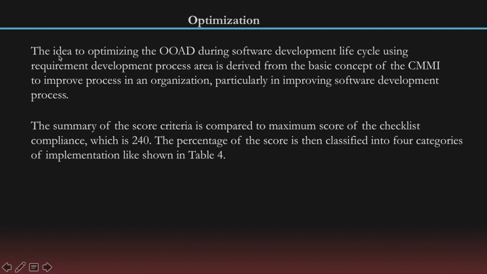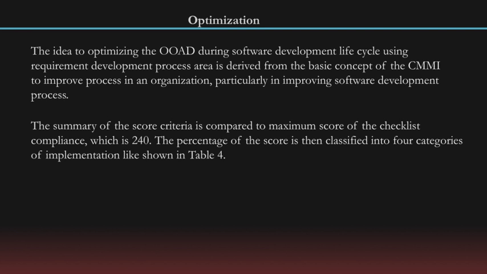So the idea of optimizing the object-oriented analysis and design during software development lifecycle using requirement development process area is derived from the basic concept of the CMMI to improve process in an organization, particularly in improving software development process.